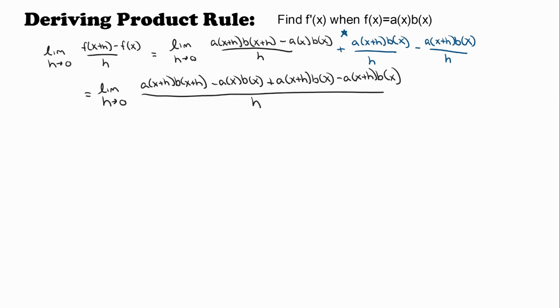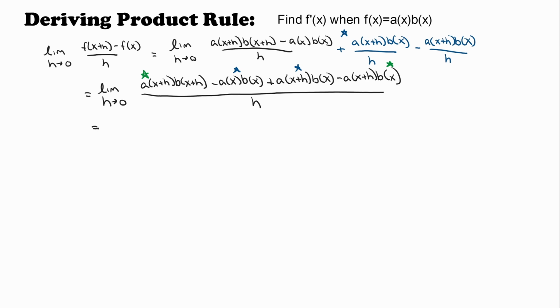Now, we're going to separate these into two different fractions. In order to solve for the product rule, we need to take this first positive term and this last negative term that we subtracted, and then also combine our second and third terms into their own separate fractions.